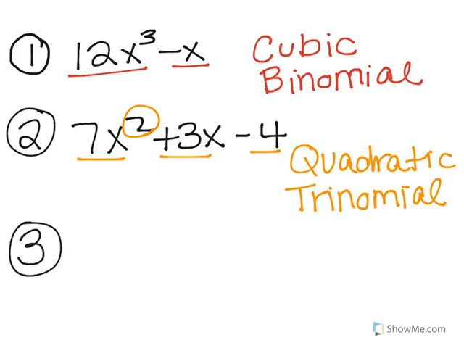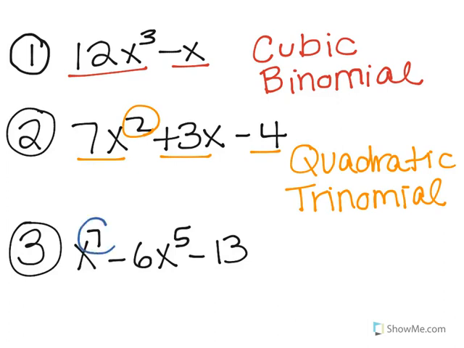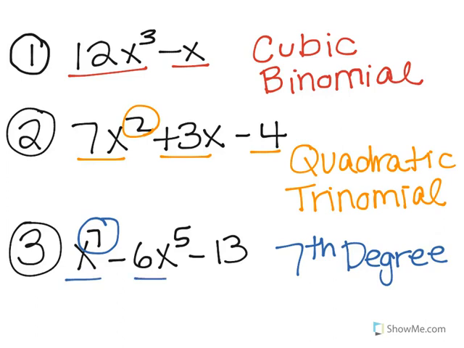Okay, number 3. x to the 7th minus 6x to the 5th minus 13. Well, my highest degree is 7, and I know on my chart anything greater than 5 doesn't have a special name, so it's just called the 7th degree. And now you have to classify how many term numbers. 3 again, so this is also a trinomial.